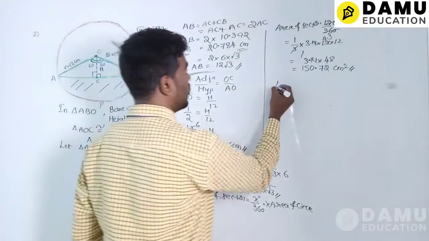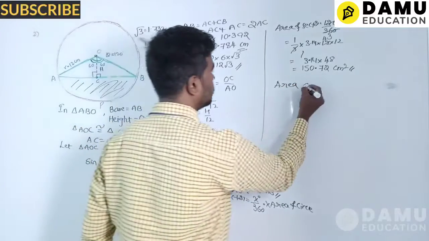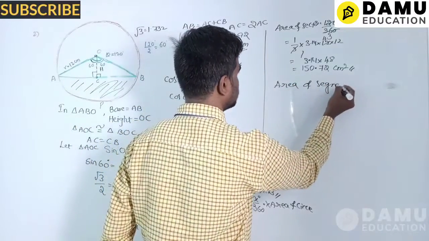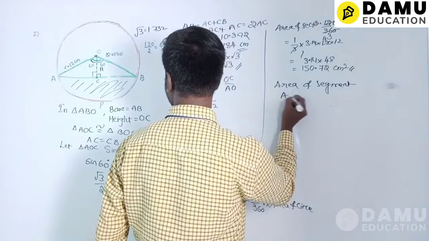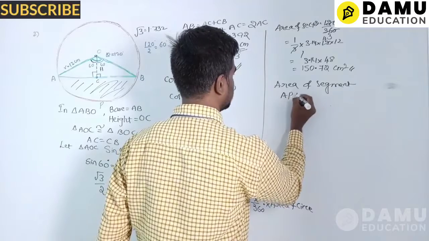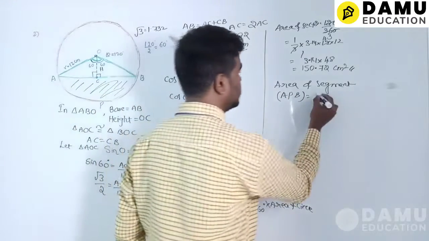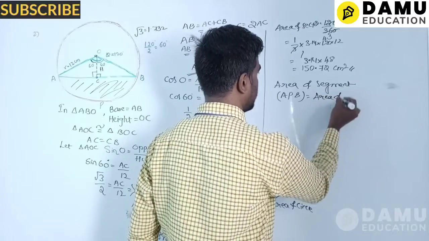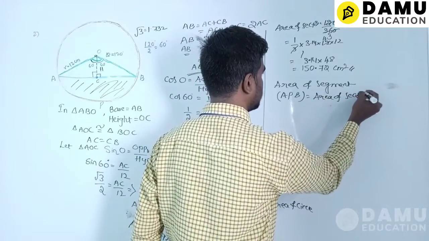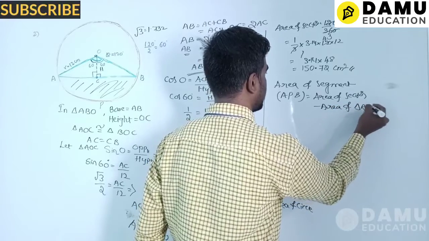Now what is the area of the segment? The required segment is APB. That will be equal to the area of the sector minus the area of the triangle AOB.